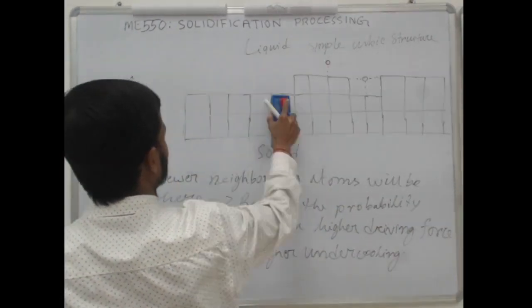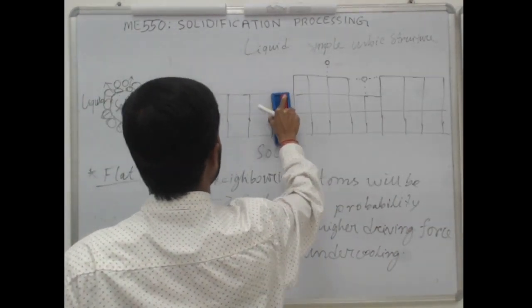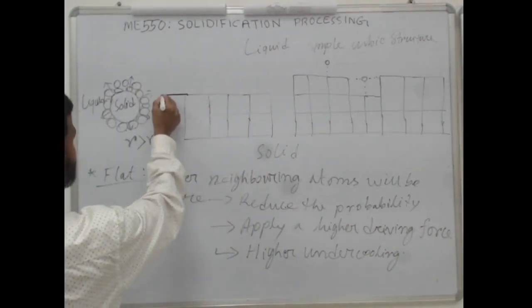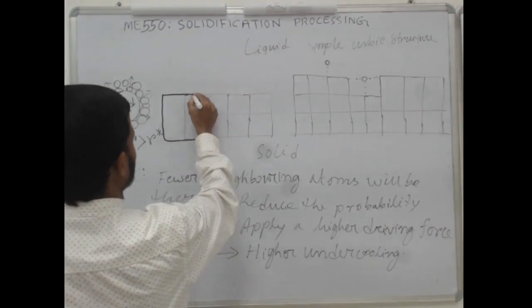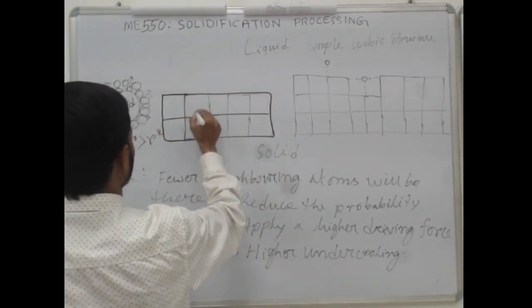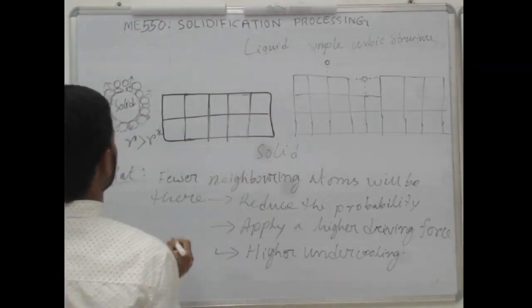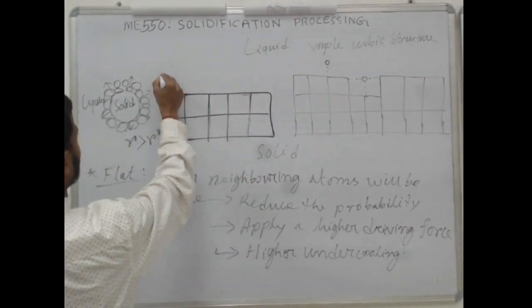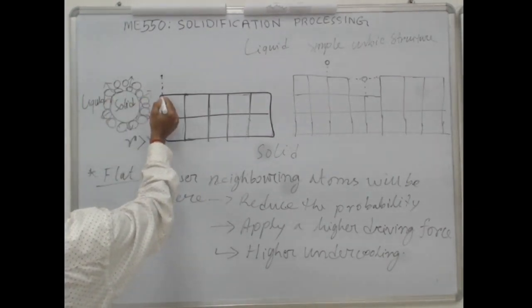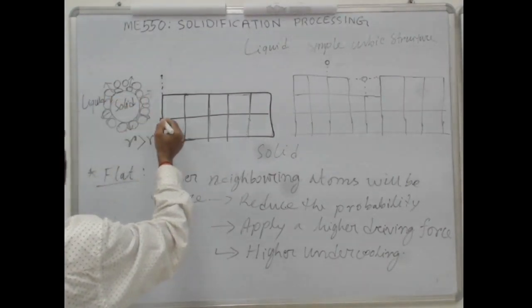Let us consider this part. Suppose this is the crystal structure, the flat surface. What will happen? Suppose one atom comes here and makes a bond. Of course this is continuous in this direction also.